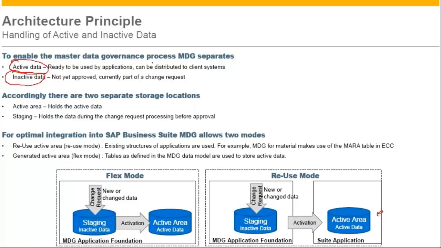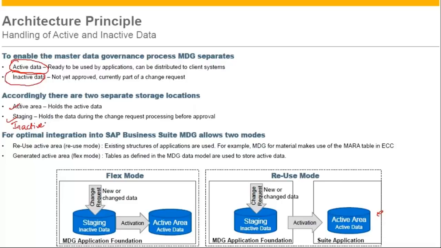Inactive data is not yet approved and is currently part of a change request. There are two separate storage locations to handle them: the active area, which holds active data, and the staging area, or inactive area, which holds the data during the change request process before approval. So you have two sets of data and two sets of areas to handle those data types.